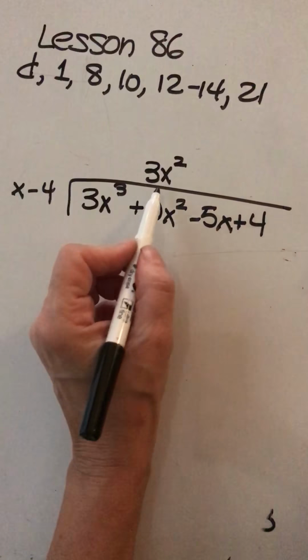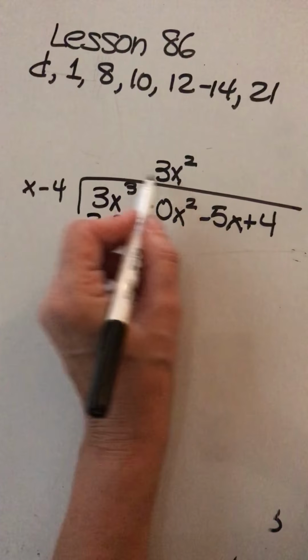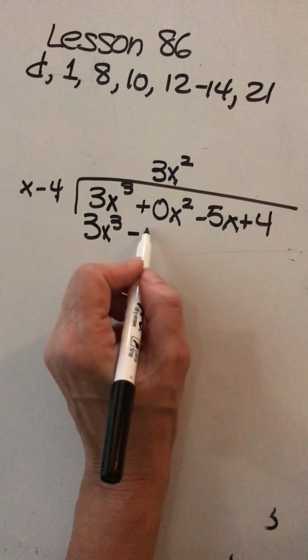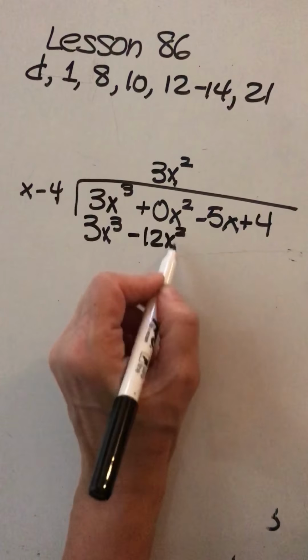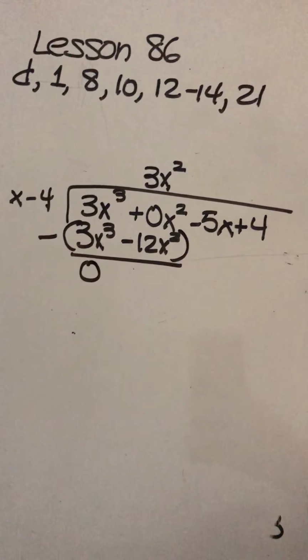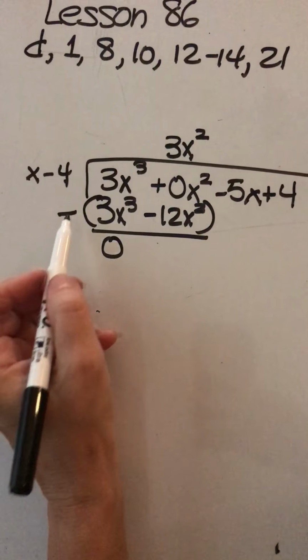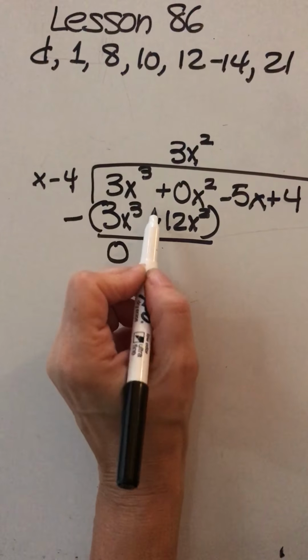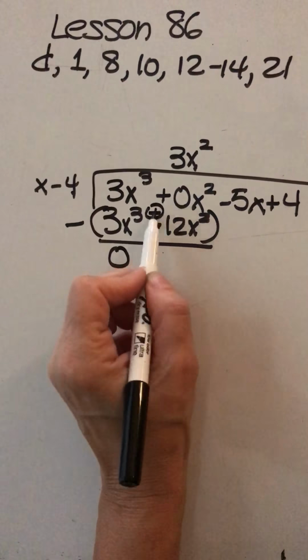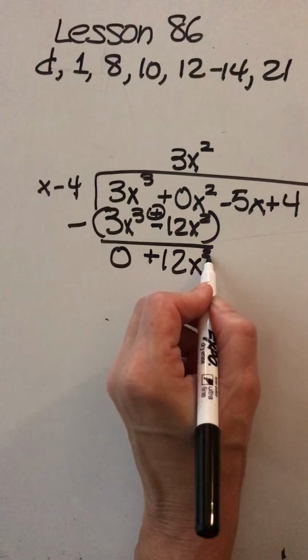I multiply, 3x squared times x is 3x cubed. 3x squared times 4 is negative 12x squared. I subtract. I have 0 in my x cubed place. And this is minus a negative, which is a positive. So I have 0 plus 12, and I have 12x squared.